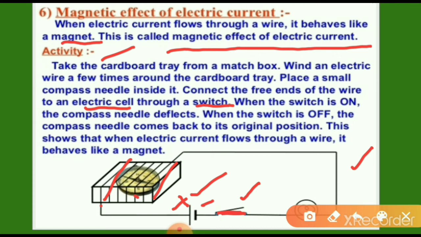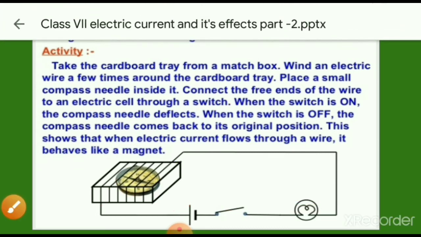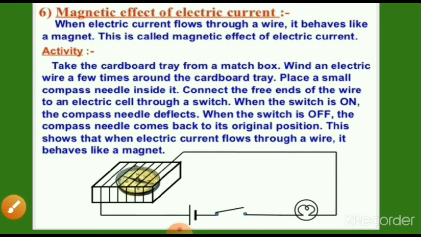When the switch is on, current passes through the coil and the magnetic compass needle is deflected. Deflection means the needle moves between the north and south directions. This is the relation between electric current and magnetic effect, and it is known as the magnetic effect of electric current. I hope you have all understood this.